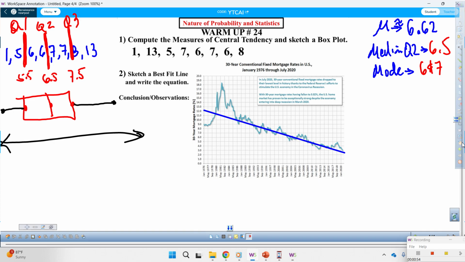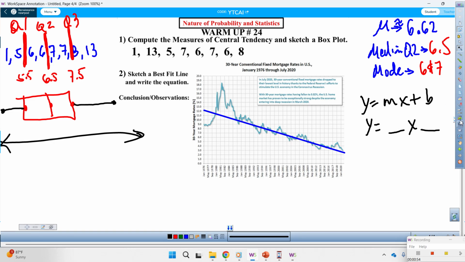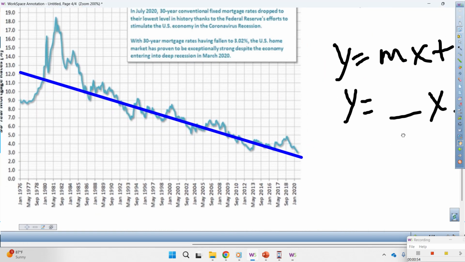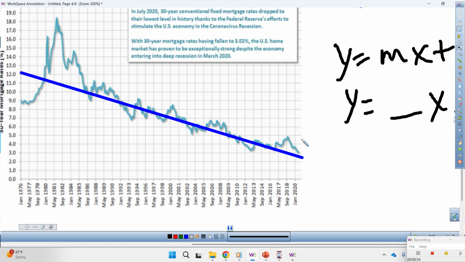So, with that said, I get my y equals mx plus b, y equals blank x blank. Now let me zoom into the graph just so I can get my numbers close to exact. Here we go. So what is my y-intercept according to what I drew right there, everyone? It's about 12? Yes, Mr. Q, it's 12.